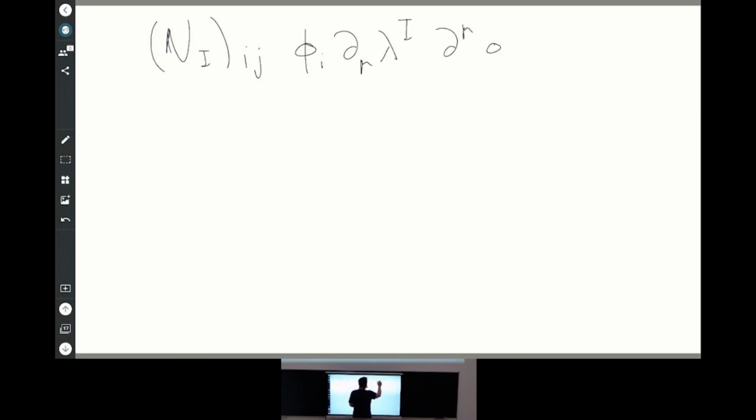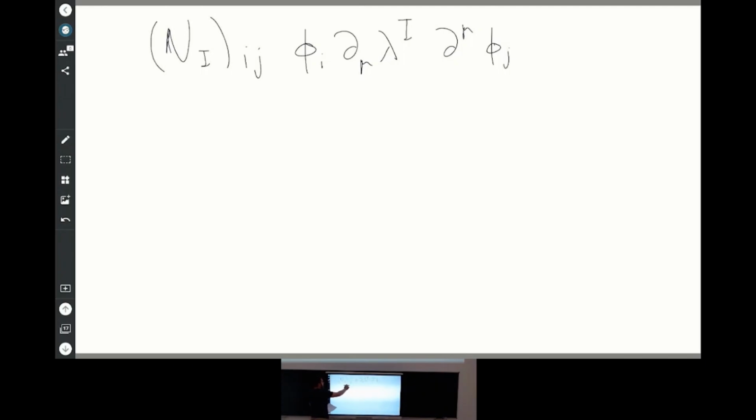So in this theory, there is a new counterterm that looks like this. And I don't have time to go into too many details. So there is a new counterterm that looks like this, that will have 1 over epsilon poles.